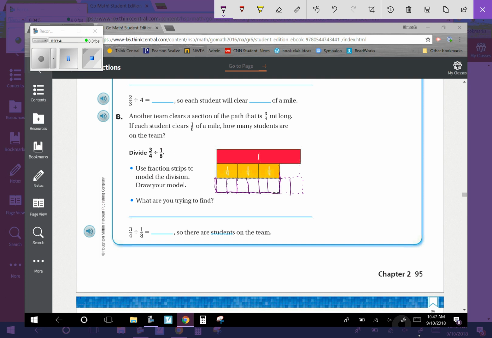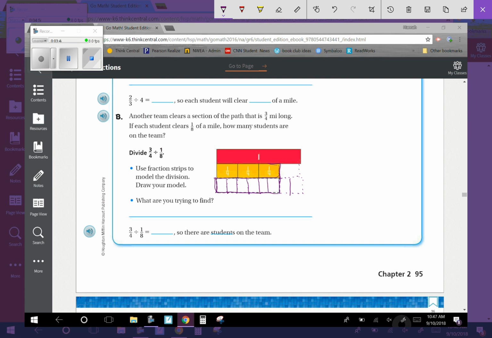Okay, but these over here don't matter, just the ones that I have under this 3/4. So I use fraction strips to model the division. So I drew my model.